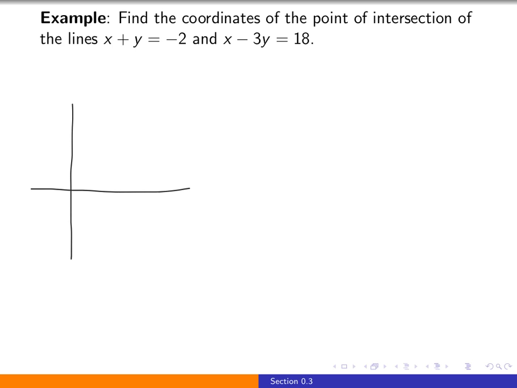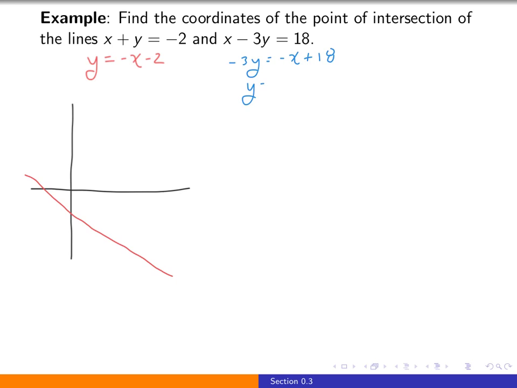If I want to sketch what these two lines look like, the first line would be y equals minus x minus 2. So it has slope minus 1, y-intercept minus 2. Roughly speaking, it looks something like this. The second line, this is minus 3y equals minus x plus 18.